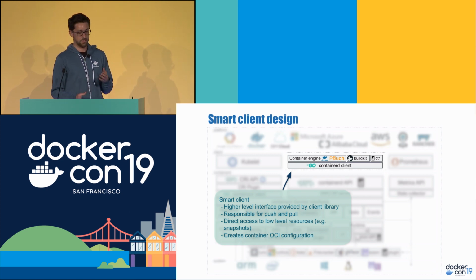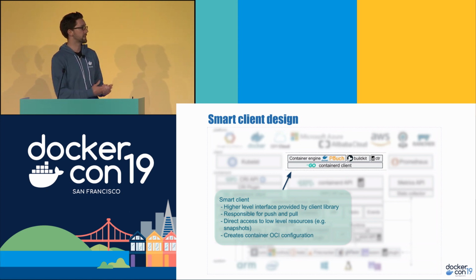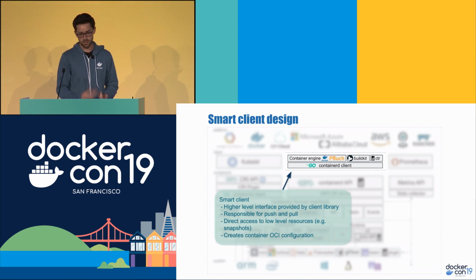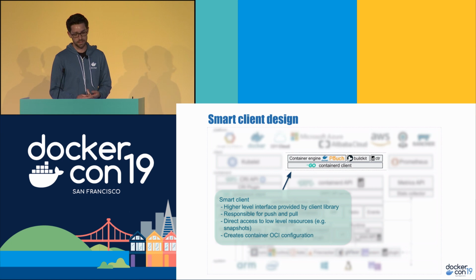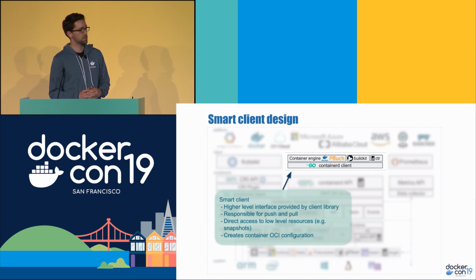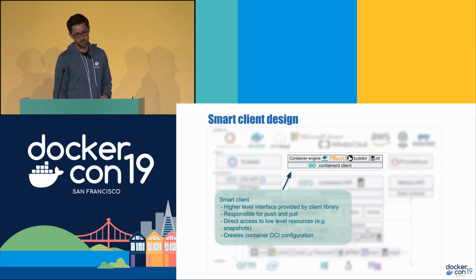If you want direct access to some of those lower level interfaces, you can get that through the client, but really the client is providing that higher level interface for doing the operations that you expect to do with containers, such as starting a new container, pulling an image, all that kind of stuff. Also, for example, creating the OCI configurations, we actually do that in the client and allow Container D itself to pass through a lot of that logic.